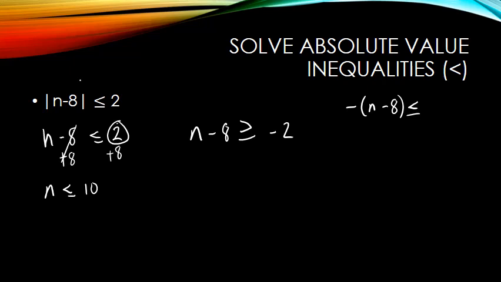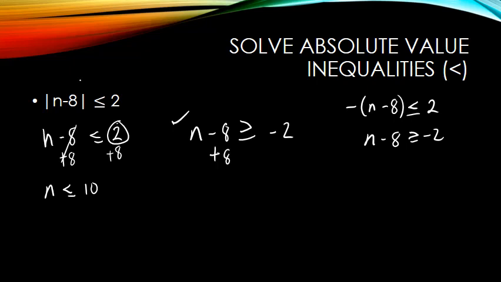Then they divide everything by negative 1, and we're left with n minus 8. And we know that when we divide or multiply by a negative number, we have to flip the inequality. So that's in essence what I did right here. I just went ahead and flipped the inequality.